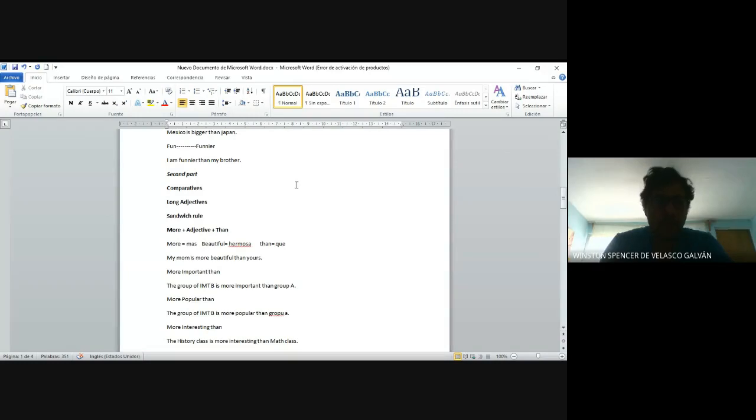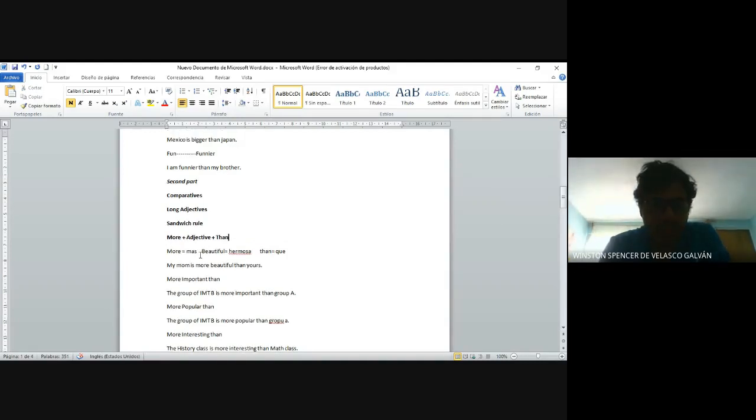The second part, we got the comparatives, and I gave you the sandwich rule, right? First of all, if you want to make a comparative with long adjectives, you need to use the sandwich rule. The first part is this: the word more plus the adjective plus than, right? For instance, more, it means this in Spanish. Then we need to use the adjective, and then we need to use the word than.